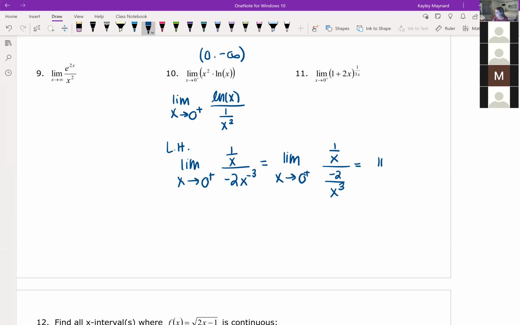So this is equal to the limit as x approaches 0 from the right of 1 over x times x cubed over negative 2. And so that's equal to x squared over negative 2. Then if we plug in 0 here, we just get 0 over negative 2. So it's literally just 0. All of that just to get an answer of 0. Just a L'Hopital's rule problem with a decent amount of manipulation involved.